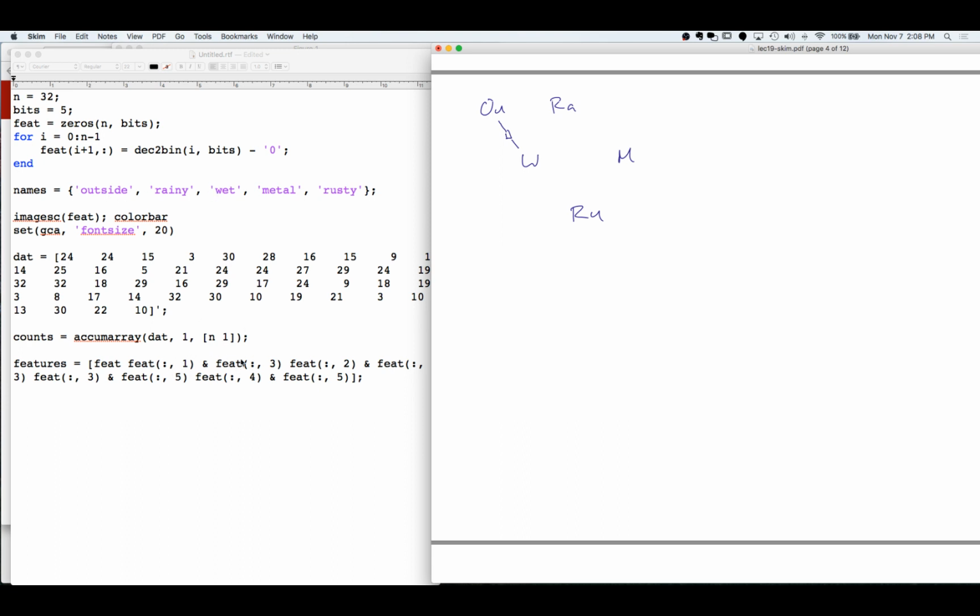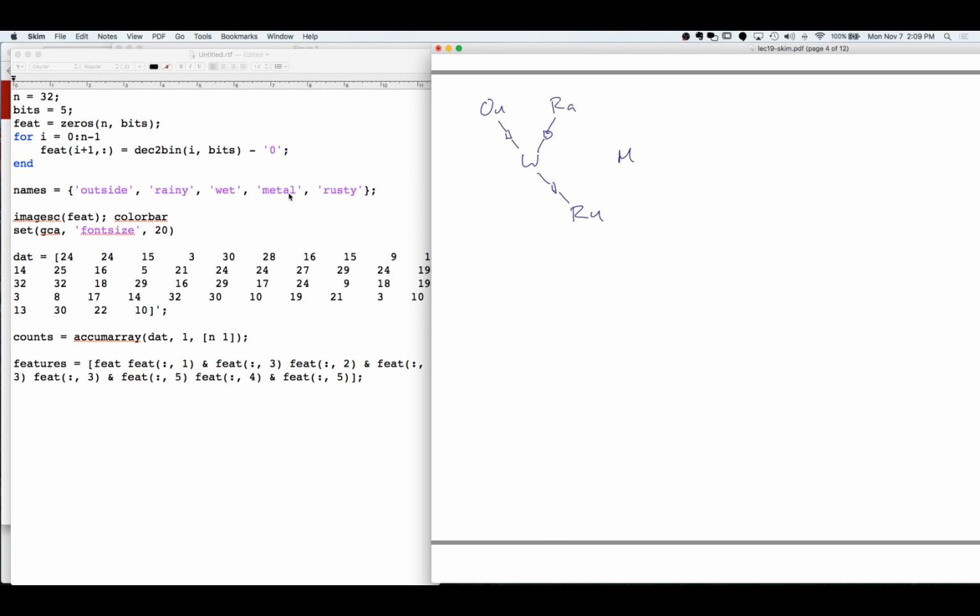So it's a feature that connects outside and wet. So I'm going to draw this hyperedge in my factor graph that connects those two original features. I've got another one that connects 2 and 3. So let's draw that. 2 is rainy, 3 is wet. I've got one that connects 3 and 5, so that's wet and rusty.